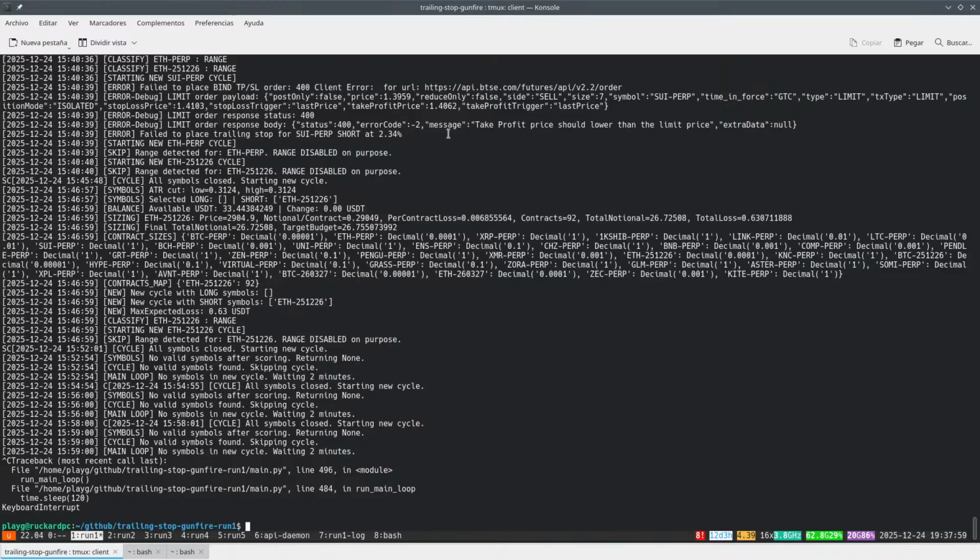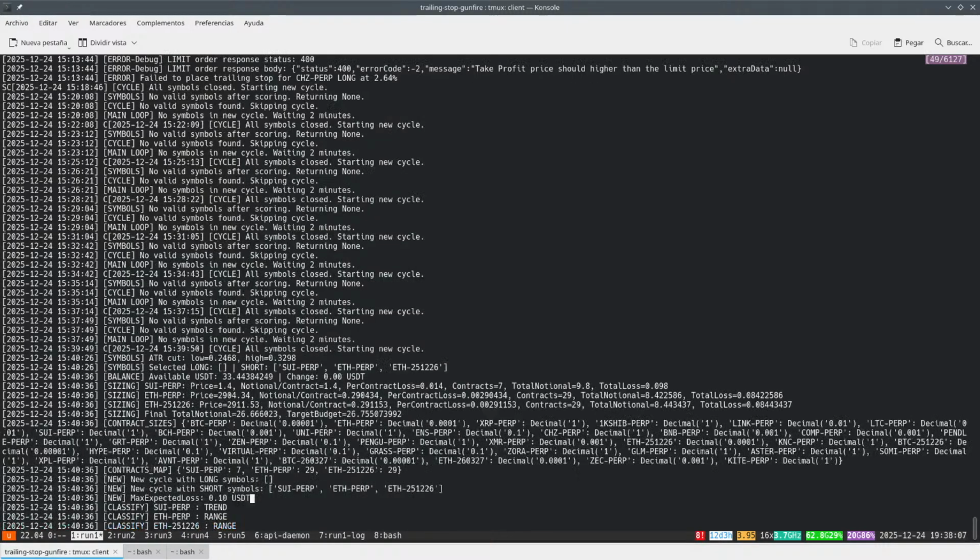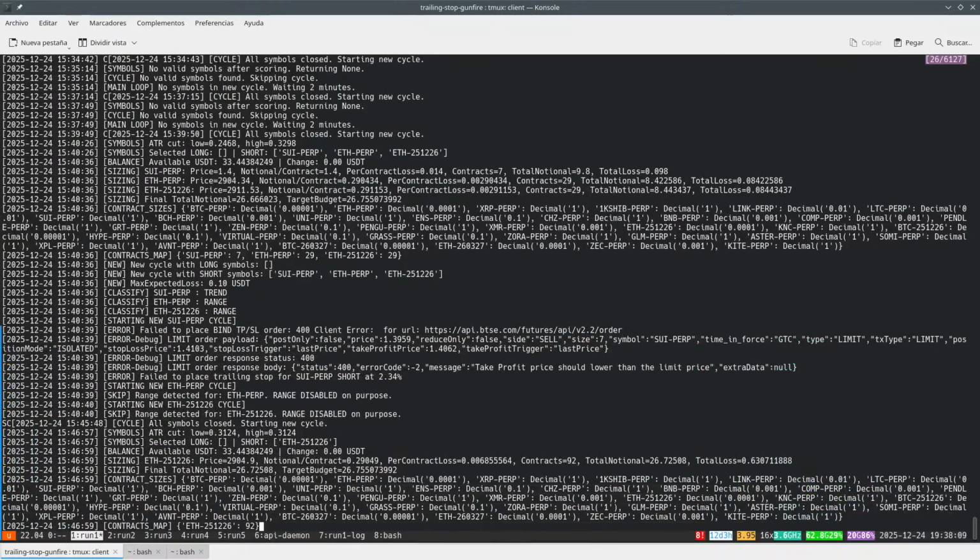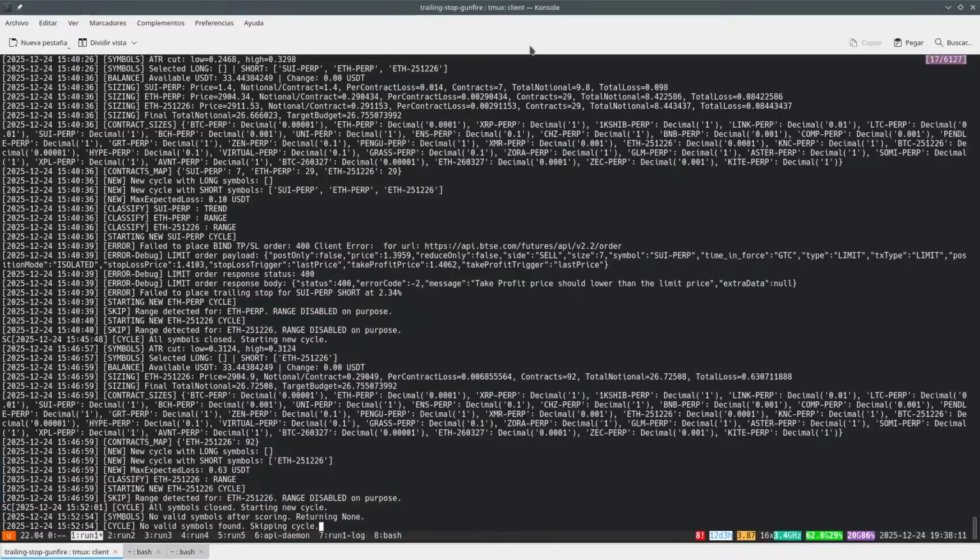I mean, I guess that this is a short trade. This SUI is a short trade. Let's take a look. So short, symbol SUI. Right.